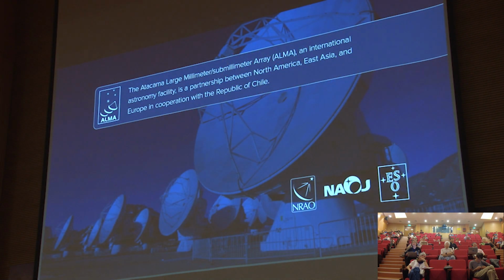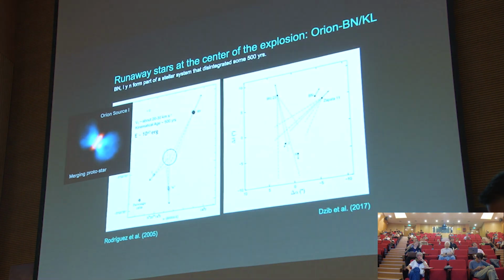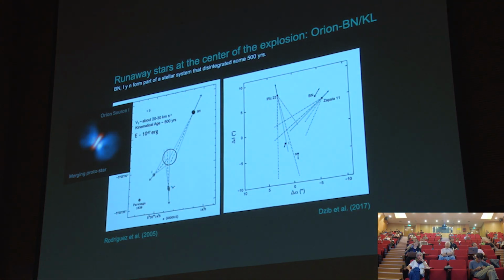The main idea now is trying to explain this outflow. What really happened here, and what really produced this outflow. In the middle of this outflow, there are some runaway stars, like the source I, BN.